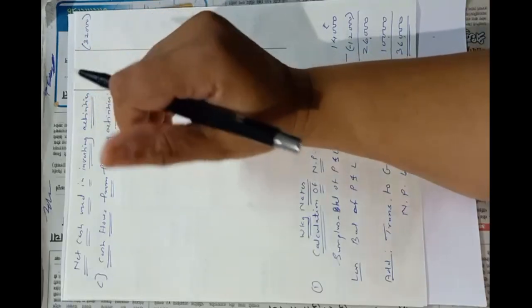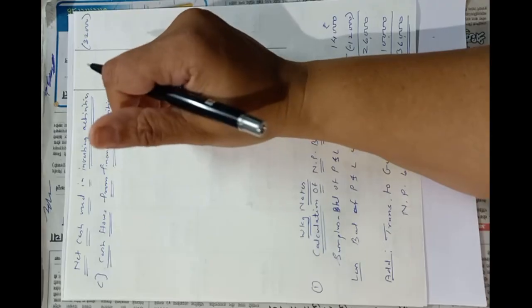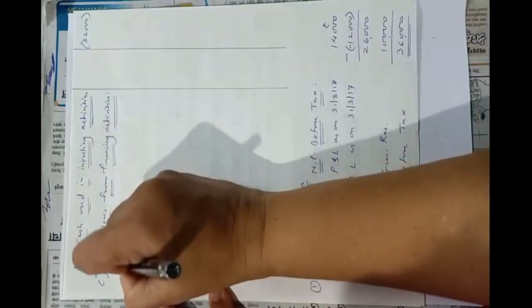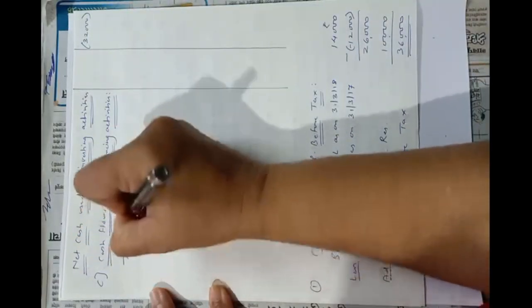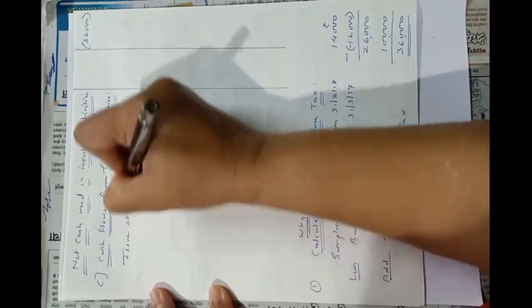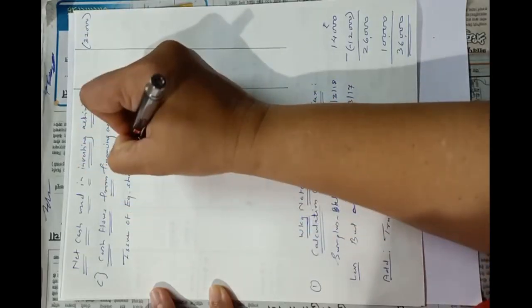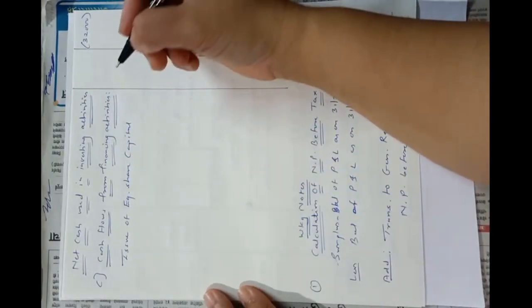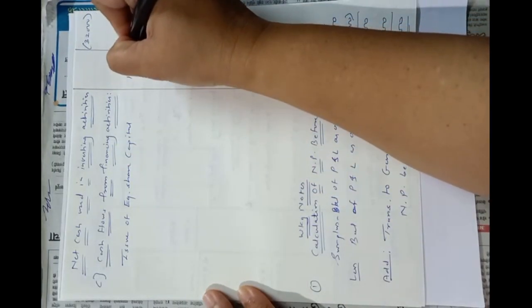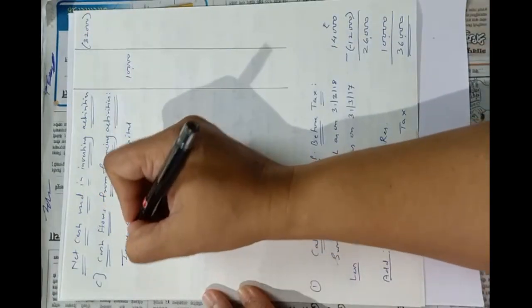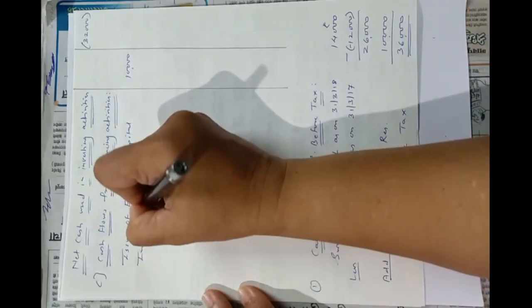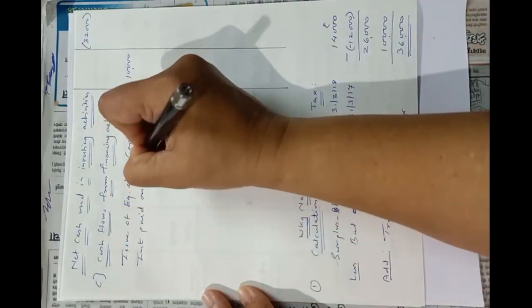which is given in the second adjustment. Okay, so we will write here now issue of equity shares. Issue of equity share capital or equity shares, you can write 10,000, and interest paid on debentures.